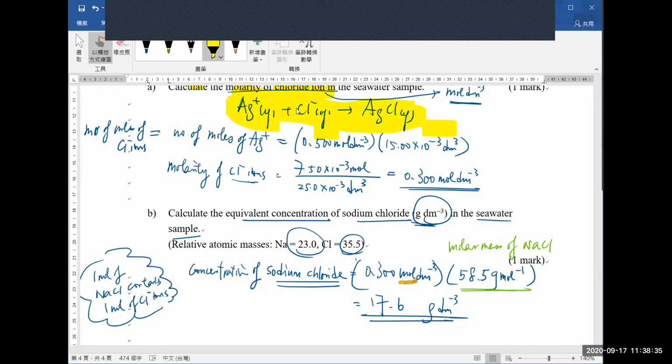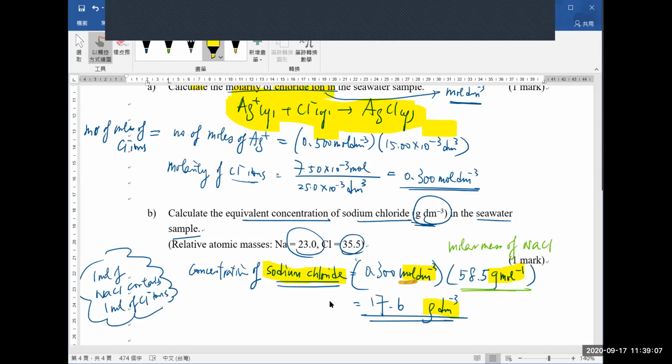The more tricky part is changing the units from mole per dm cube to gram per dm cube. So you have to multiply by the molar mass of the solute now, but not the chloride ion. Remember, we are going to have the solution from adding sodium chloride, not just chloride ion. Okay, can you get my point?